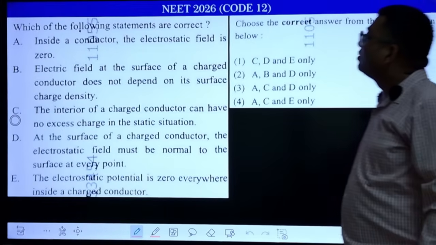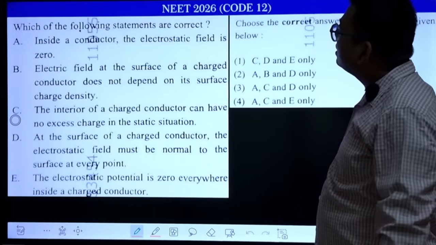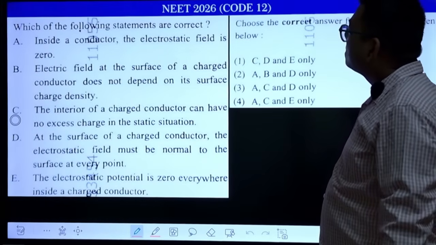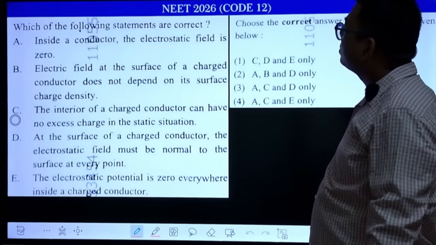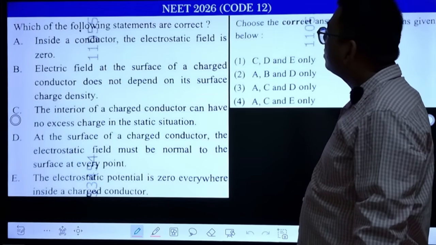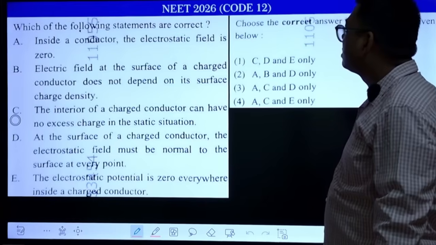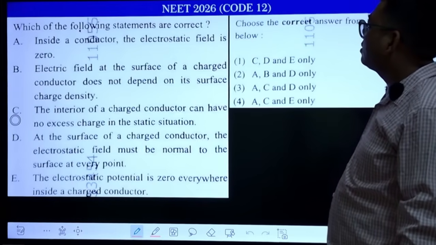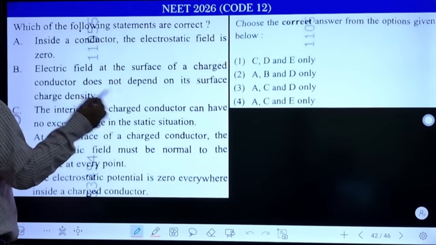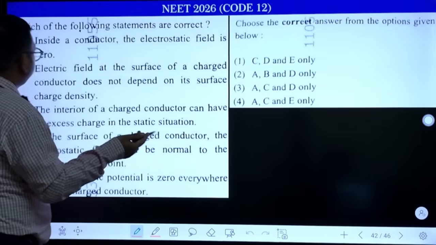Okay. Which of the following statements are correct? Inside a conductor, electrostatic field is 0. Electric field at the surface of a charged conductor does not depend on surface charge density. Electric field at the surface of the conductor does not depend. Yes, at the surface it is infinite, undefined.